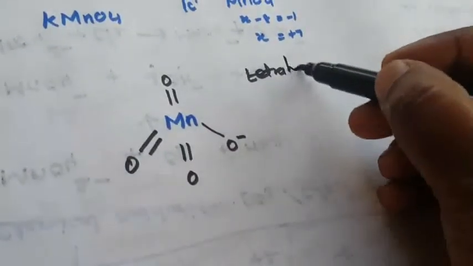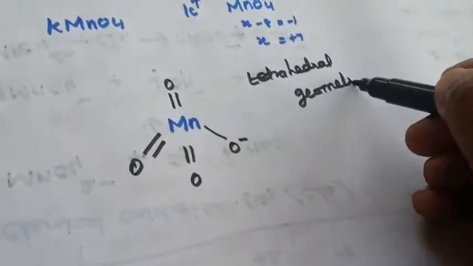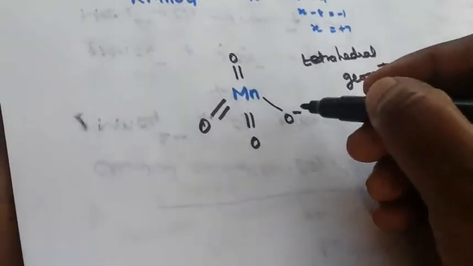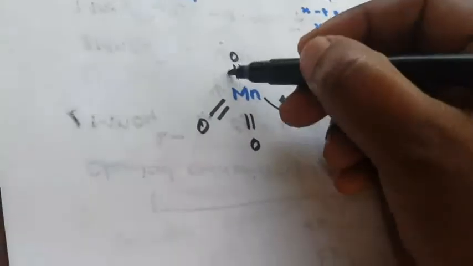Tetrahedral geometry. This ion has a resonance structure. How to explain that? The electron enters inside, meaning that one goes outside.